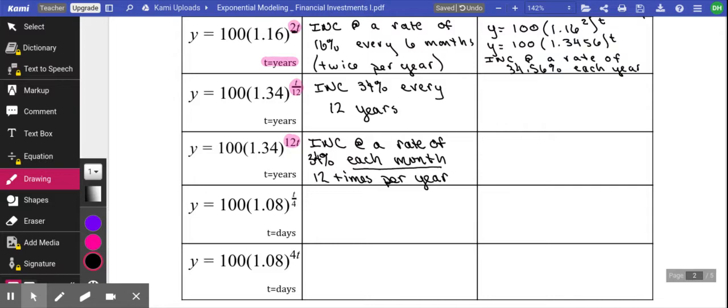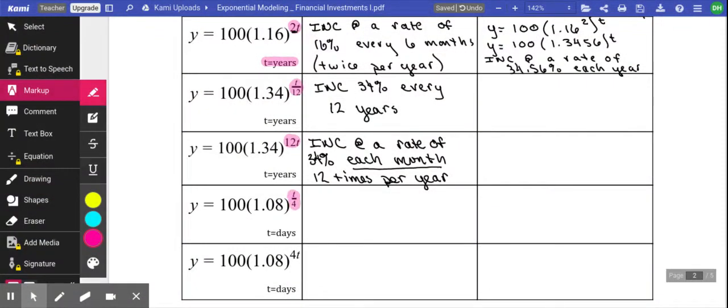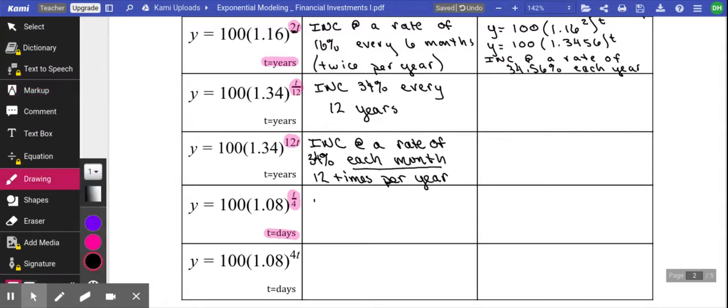So the coefficient of t is a 1/4, and t is described as being in days. So we're increasing at a rate of 8% every 4 days.